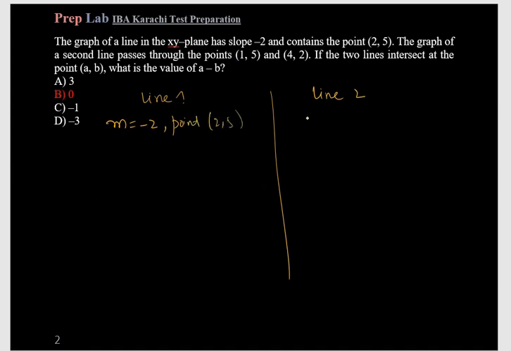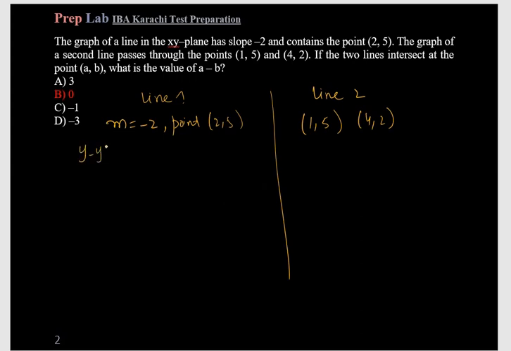Line 2 has the points (1, 5) and (4, 2). Because these lines intersect, we have to find the equations of line 1 and line 2, then solve by simultaneous equations, and then we will get x and y in terms of A and B, and then we can do A minus B. So basically this is how we can find it.